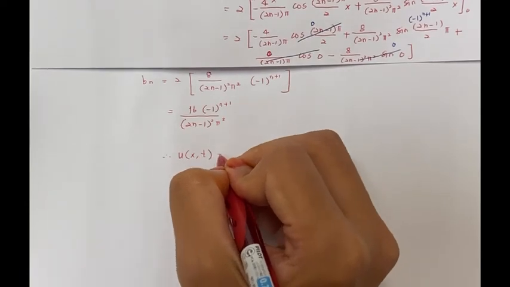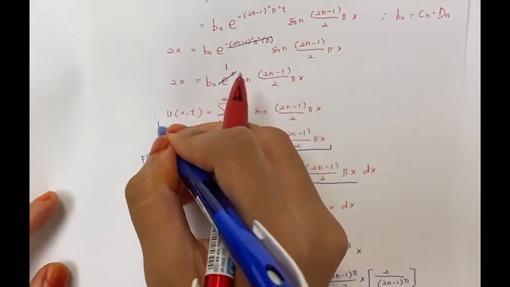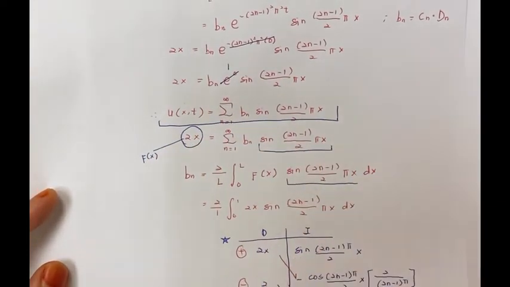u(x,t) is equal to, substitute Bn into this u(x,t).